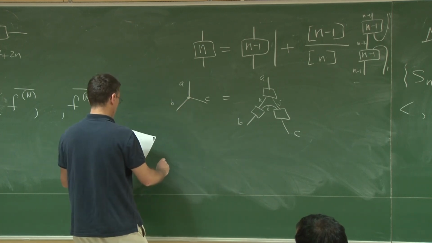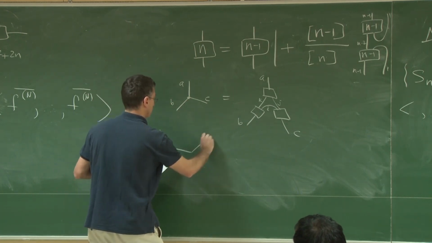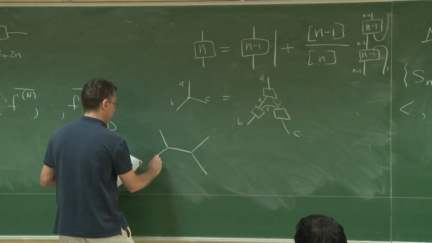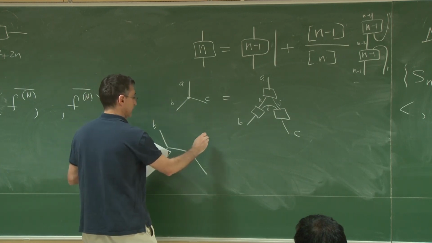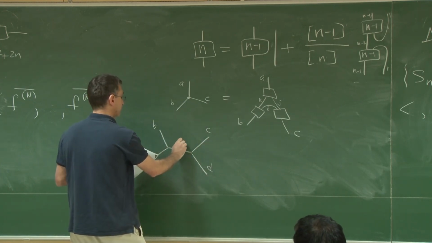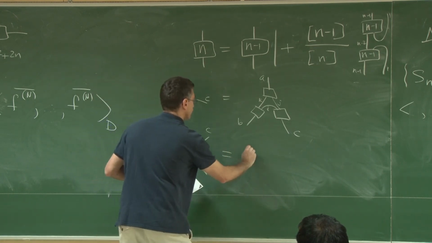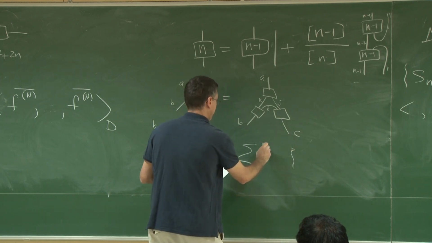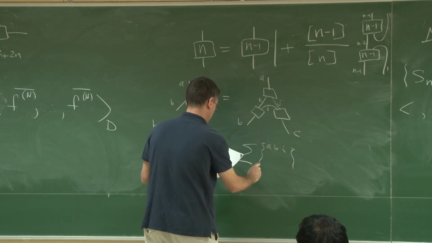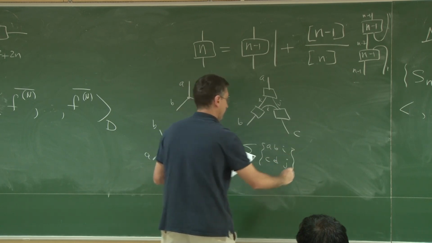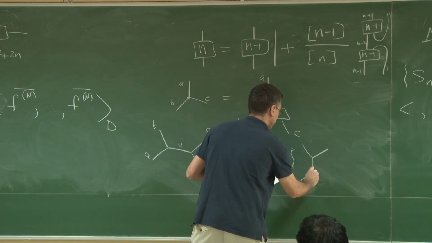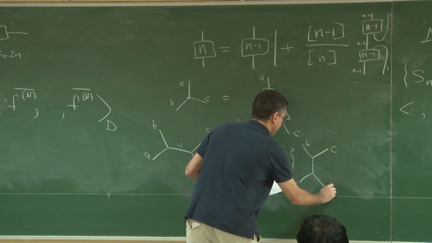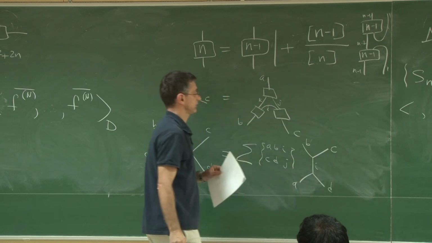Using this notation, what you can show is that if you do A, B, C, D, and some j here, this is equal to the sum over these 6j symbols, A, B, I, C, D, J, of this guy, B, C, A, D, I. Stuff like that.